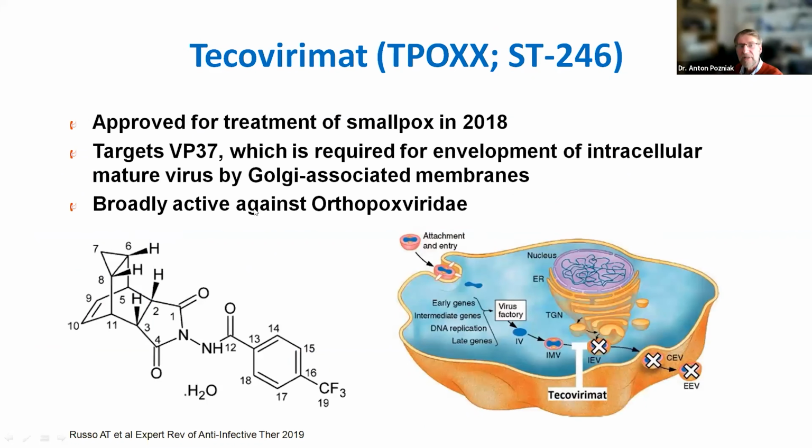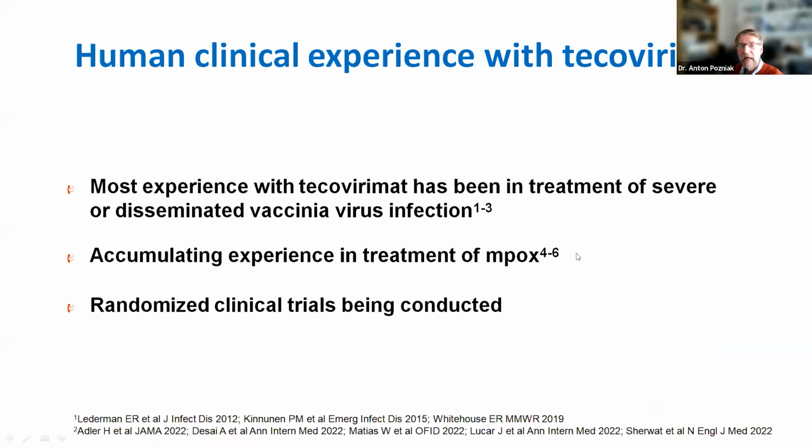So what about tecovirimat? It was approved in 2018 for smallpox, and it basically stops the Golgi-associated binding of the virus required for its maturation. Most of the experience has been in disseminated vaccinia virus infection.